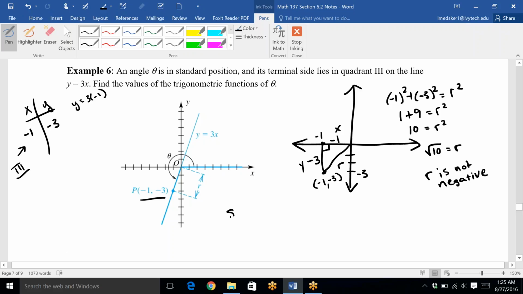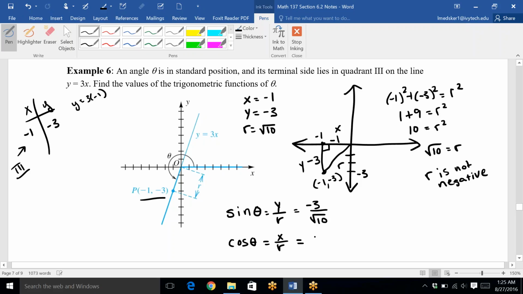So if I wanted to write my trig functions here, sine is y over r, so we already know our values. X is negative 1, y is negative 3, and r is square root of 10. So this would be negative 3 over the square root of 10. Cosine of theta is x over r, so that is negative 1. Remember, that's the same thing as saying adjacent over hypotenuse.